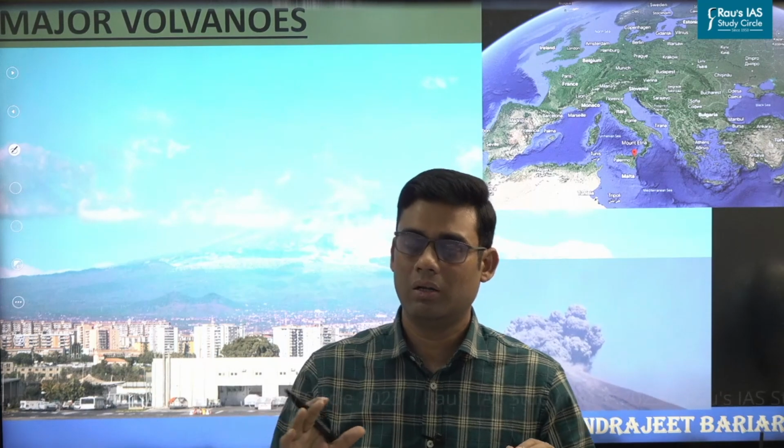Why and how? Volcanism in Europe primarily is a result of plate interaction, and as we have seen now, these plate interactions come up in the form of the convergent plate boundary between the Eurasian plate and the African plate. The African plate is subducting underneath the Eurasian plate, which has given rise to a lot of volcanism in the southern part of Europe.